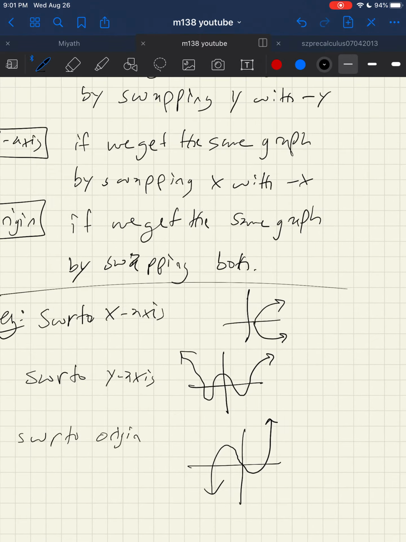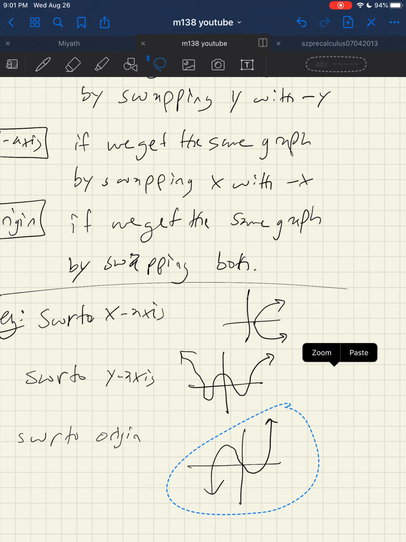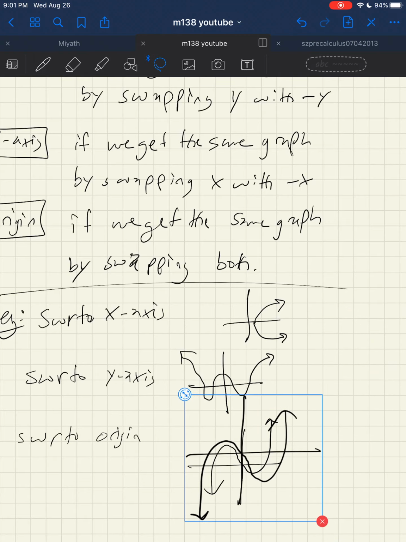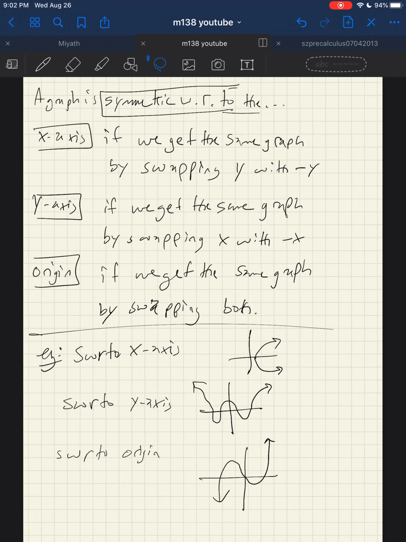Okay, so something like this, where in theory I could take this thing and rotate it all the way upside down, and I should get roughly the same picture. So the idea is that it's symmetric with respect to spinning it around 180 degrees, we'd say, or spinning it around halfway. And that is what I wanted to cover for section 1.2.